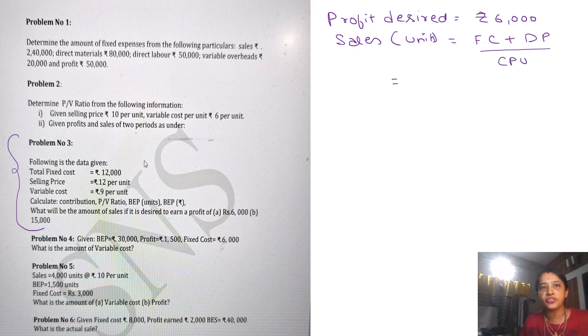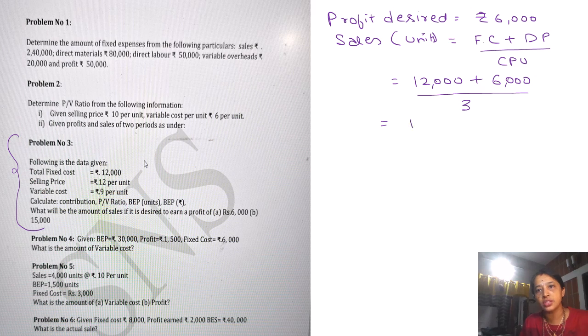Now, how much is your fixed cost given in the question? 12,000. How much is your desired profit? 6,000. Divided by how much is your contribution per unit? Your selling price is 12 minus 9, so 3 rupees is the contribution per unit. So 18,000 divided by 3.